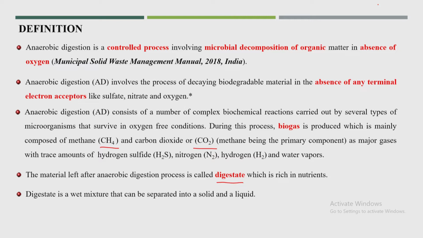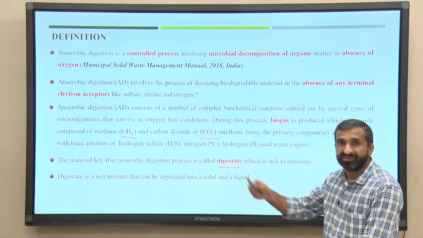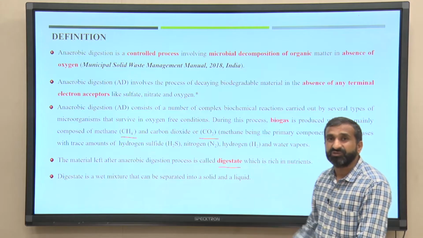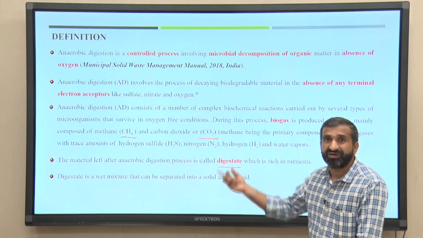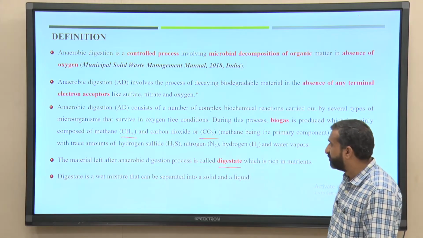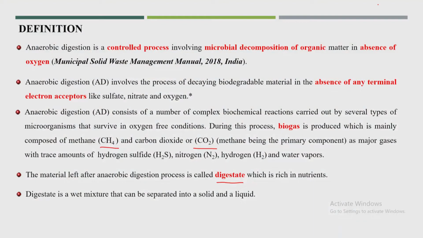Many literature sources suggest that the leftover, or the outlet from the anaerobic digestion process, can be used as compost or as a fertilizer, because it is rich in nutrients. Digestate is a wet mixture that can be separated into solid and liquid.